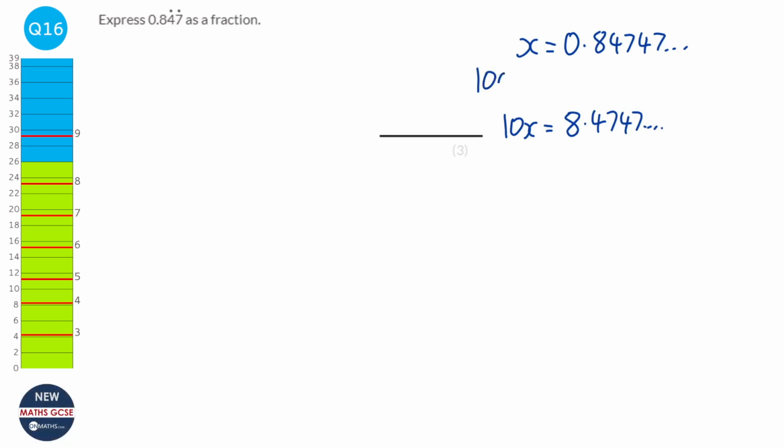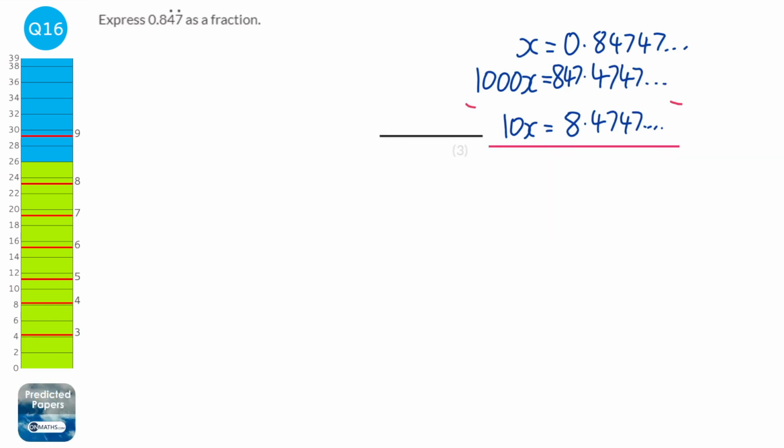So we're going to times it by 1,000. We'll find out 1,000x, and so it would be 847.4747, etc., etc. Next, I'm going to take away everything. So 1000x take away 10x, and that's going to be 990x.